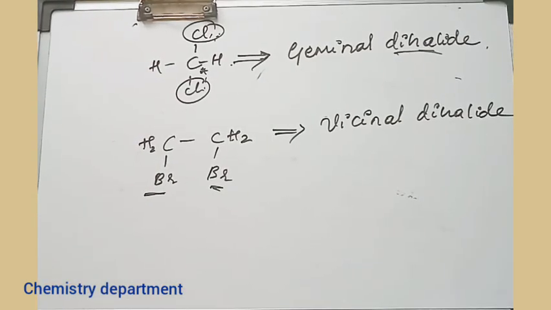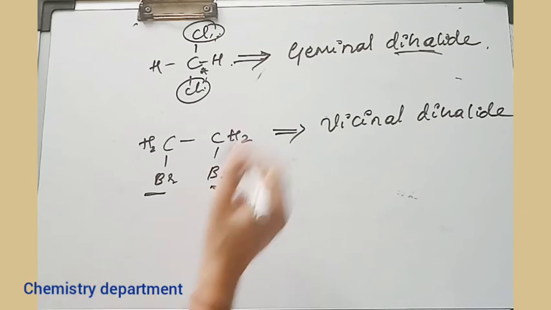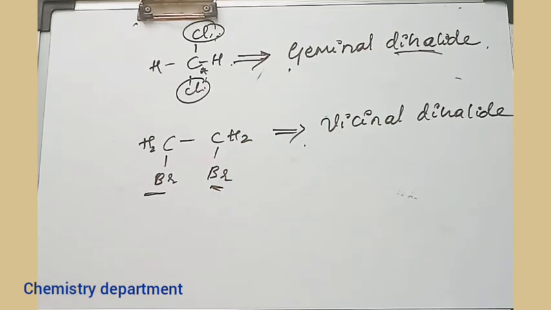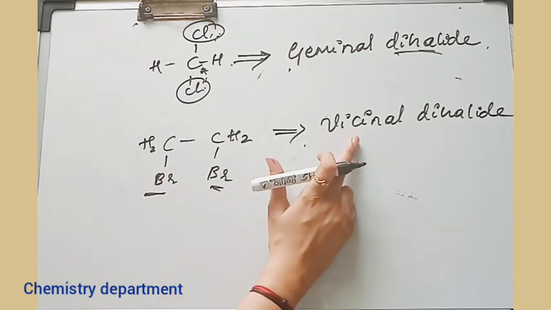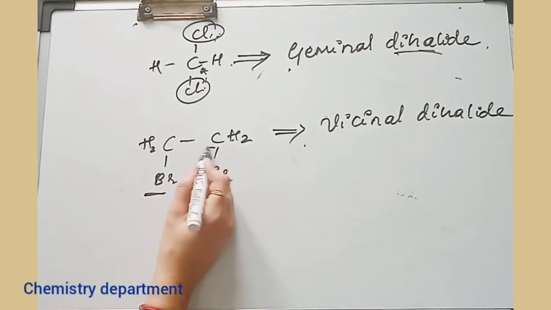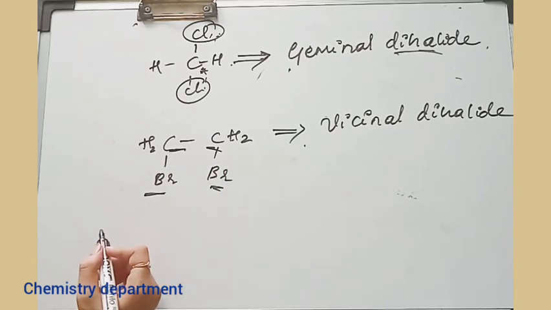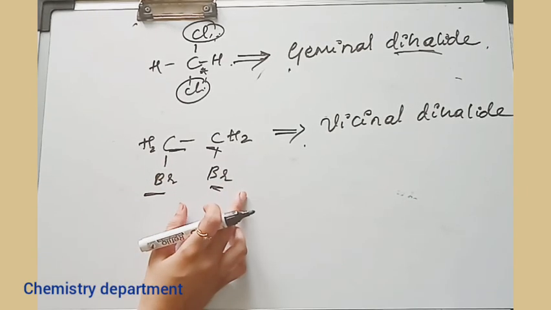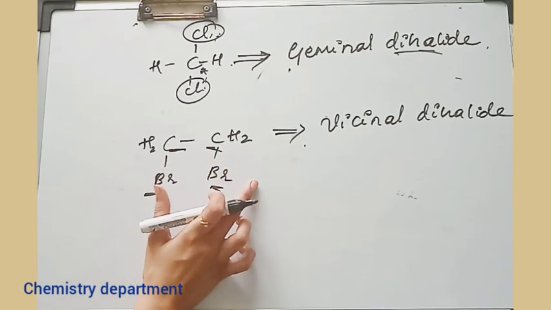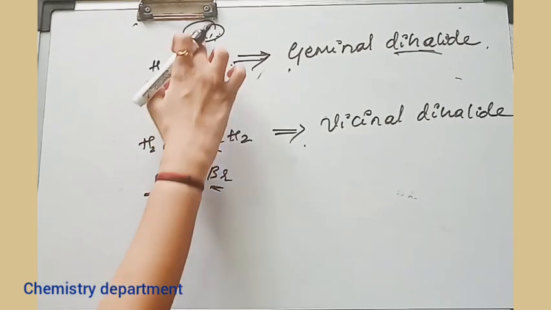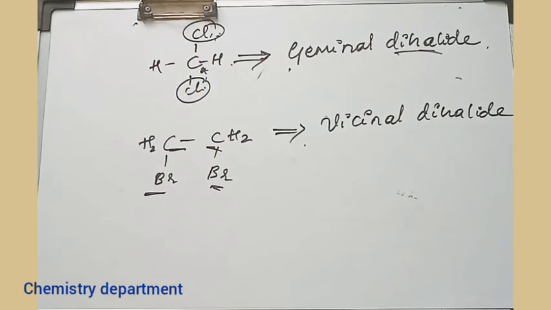All the dihalogen compounds are further classified into these two. One is geminal, the other one is vicinal. Remember, vicinal, the meaning is vicinity, the meaning is they are on the adjacent ones. That means they are present adjacent to each other. So if the halogen atoms are present on adjacent carbon atoms, they are called as vicinal. If they are present on the same carbon atom, then they are called as geminal.